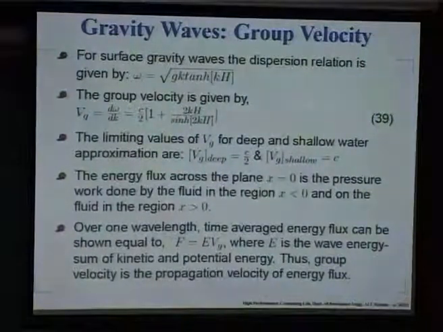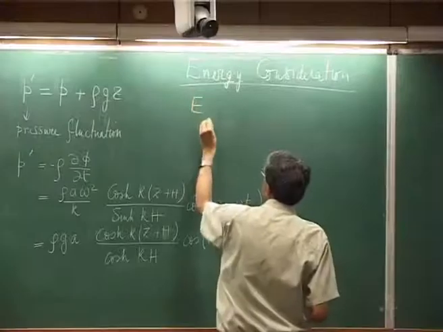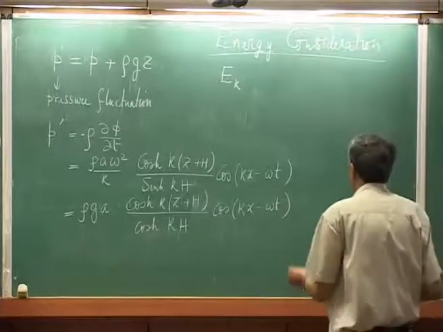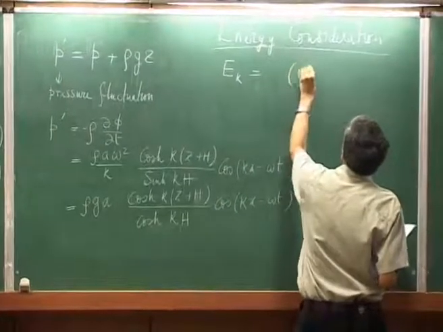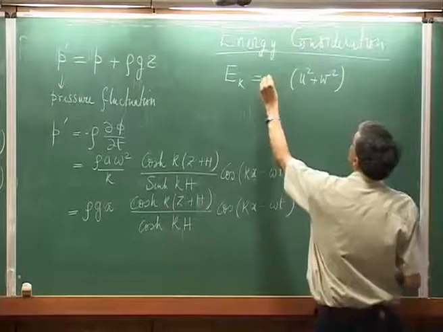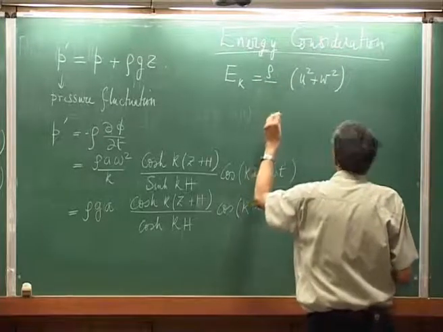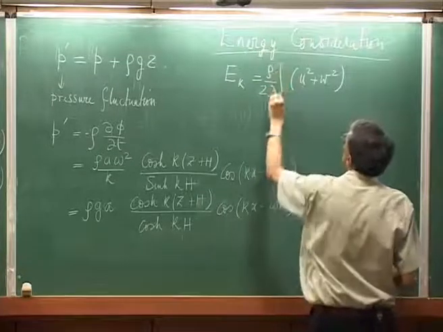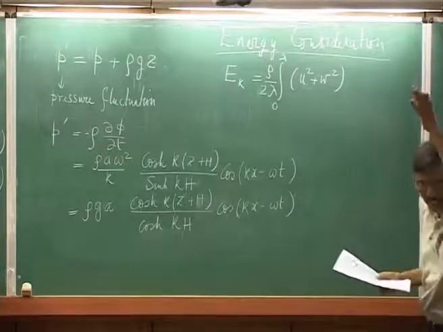So, having obtained this solution given in terms of phi, the velocities, one thing we can talk about is the kinetic energy, which I will call, let us say, E of k. How will I define this kinetic energy? At any location I will calculate the kinetic energy per unit volume, and then average it over a wavelength and integrate it across the whole depth.